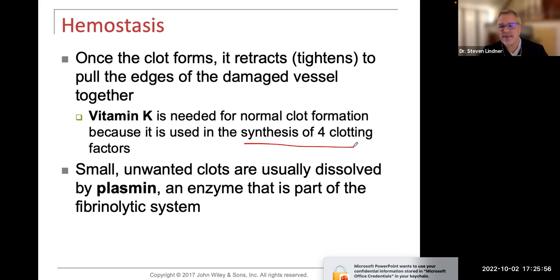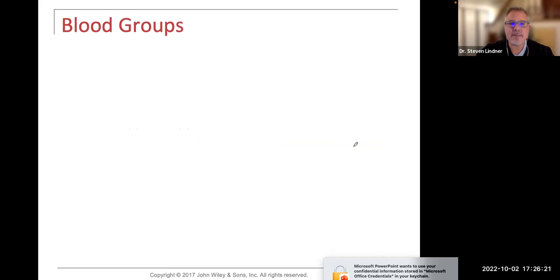That's because vitamin K is needed for something called matrix GLA protein, and matrix GLA protein drives calcium from the blood vessels into the bone. If we don't have vitamin K, we can't drive calcium from the blood vessels into the bone, and blood vessels can calcify. They harden. And that means blood pressure can go up. So keep that in mind.